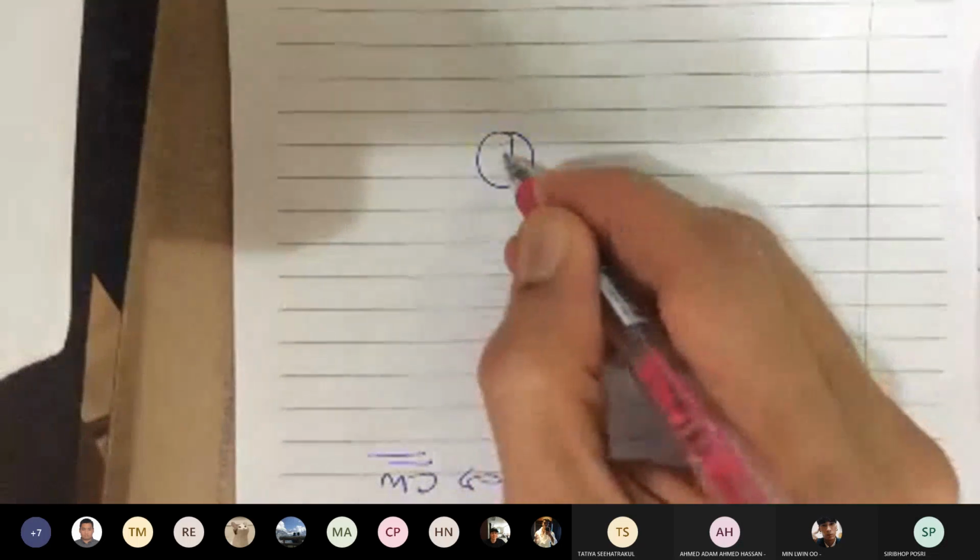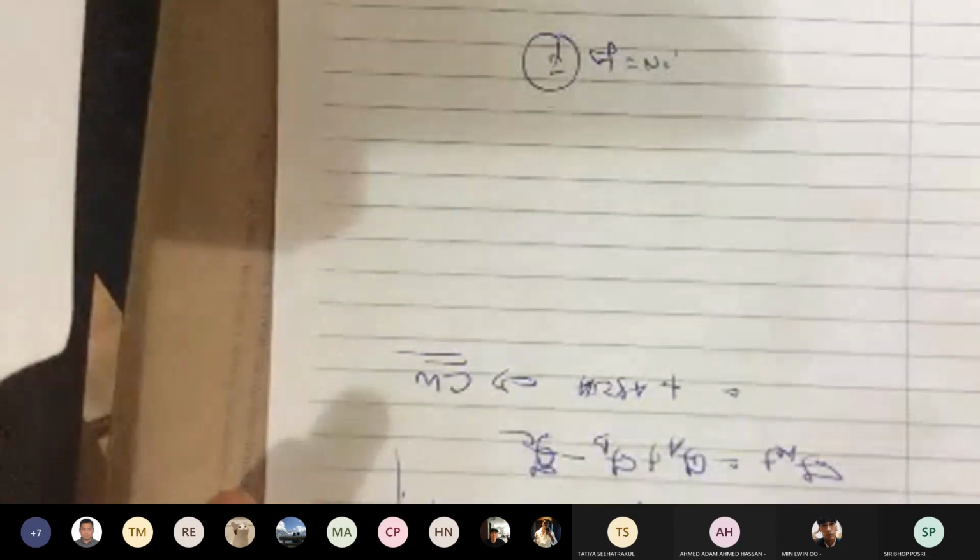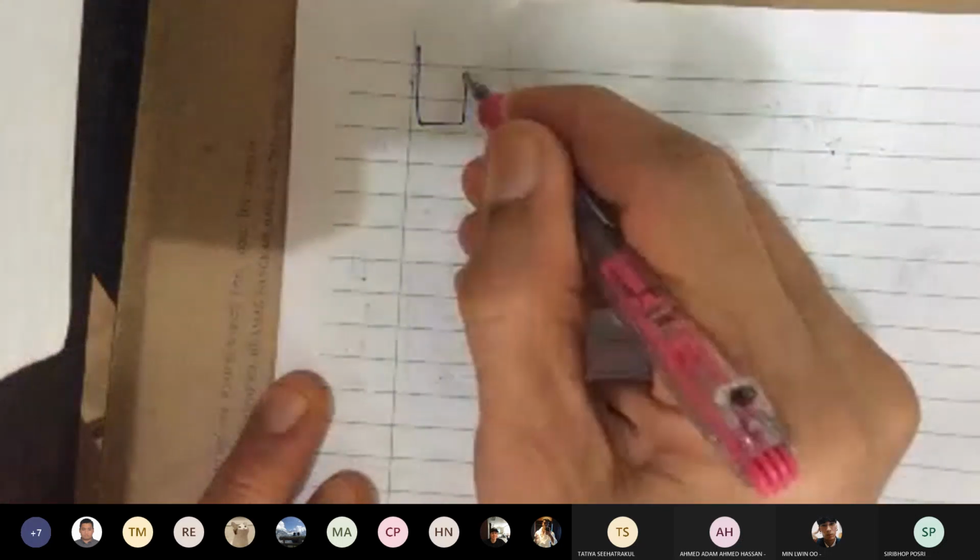So I start that again. N times I, in the center leg. Let me do it like this. I'm going to draw the core pretty fast. You get 2 air gaps, right?